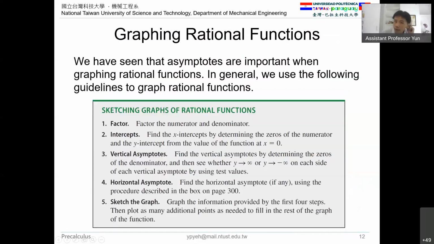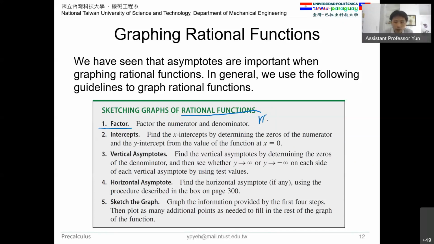Okay, so with the graph of rational functions, I think the graph of this function is just like the graphs of other types of functions here. For example, here are some steps for graphing a rational function. Firstly, we factor the functions. Since rational functions have polynomial functions in the numerator and denominator, we factor the polynomials in both.